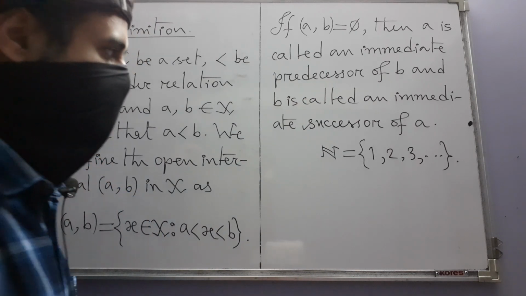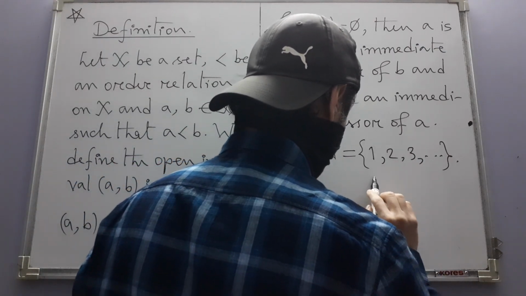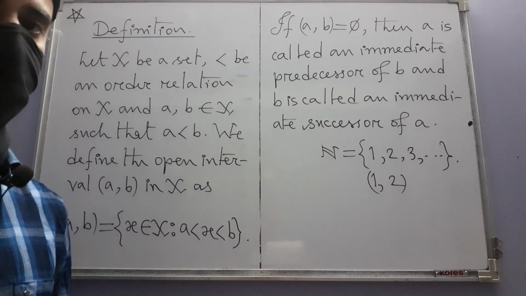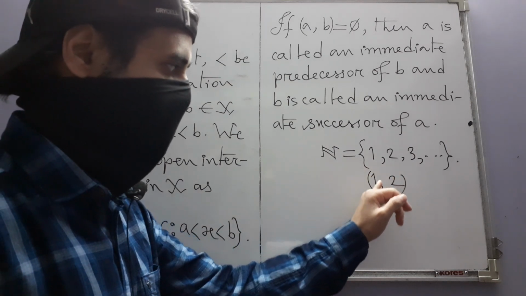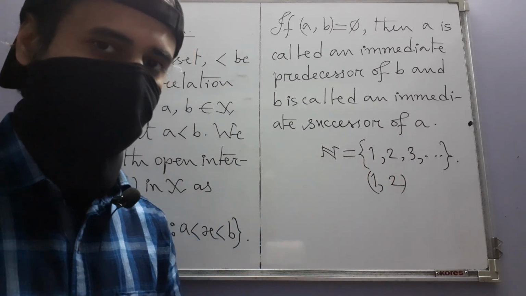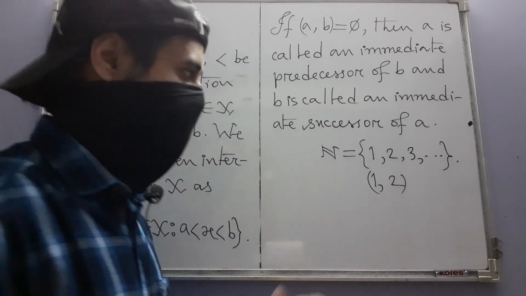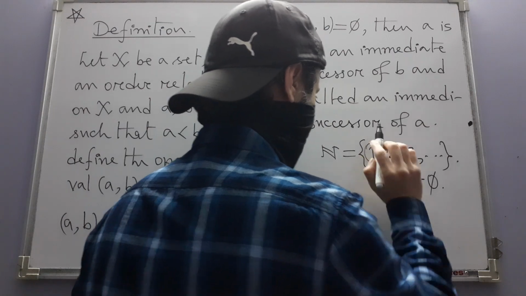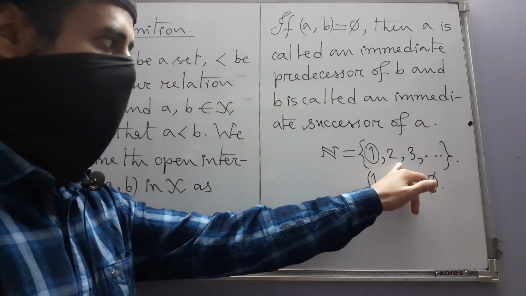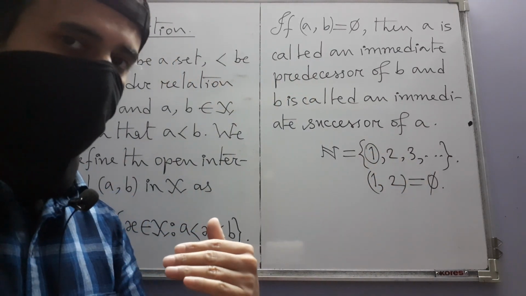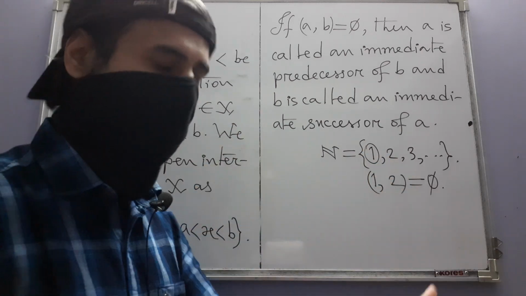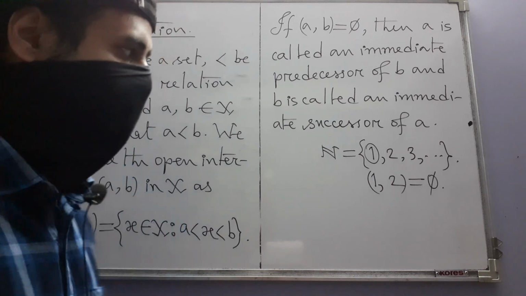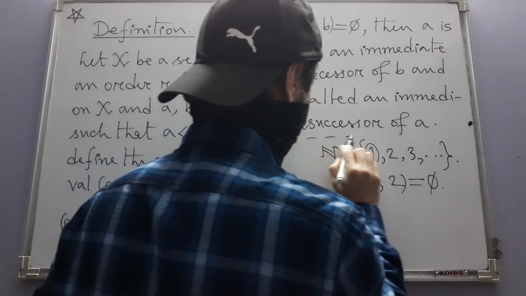With that relation, for example, this open interval really is empty. That's because there is no natural number that is strictly greater than 1 and strictly less than 2. And that is why 1 is the immediate predecessor of 2, the element that comes before 2, and 2 is the immediate successor of 1, the element that comes just after 1. Okay, so you can consider this example.